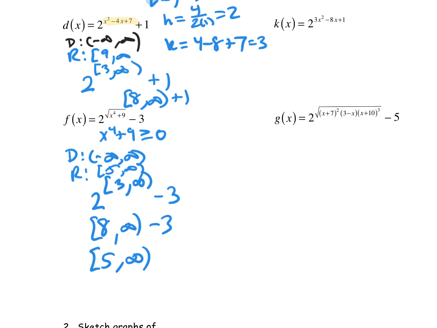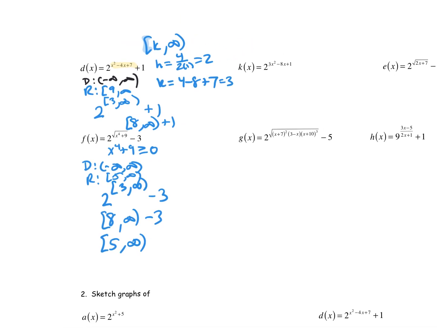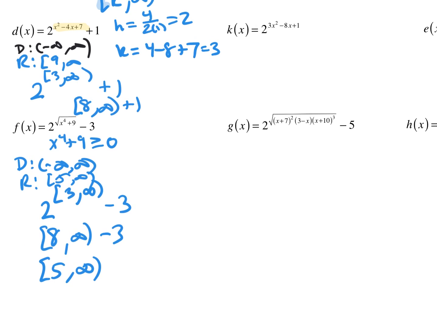All right, let's do another together. Looking at g of x, oh boy, I've got a polynomial inside the square root here. Because I have the square root, I need to do a little bit of analysis there. I need x plus 7 squared, 3 minus x, x plus 10 cubed, all to be greater than or equal to 0. So what does that mean? I'm doing a little sign chart.